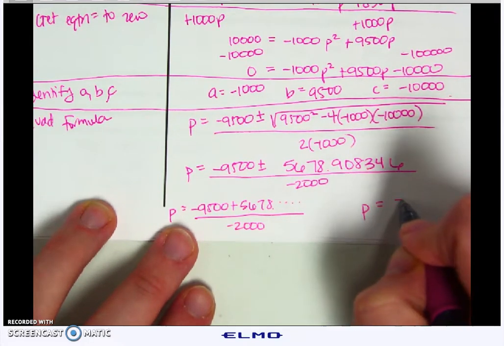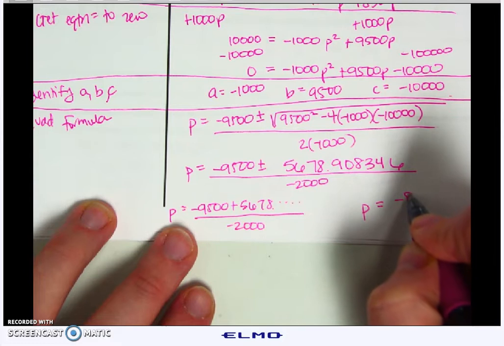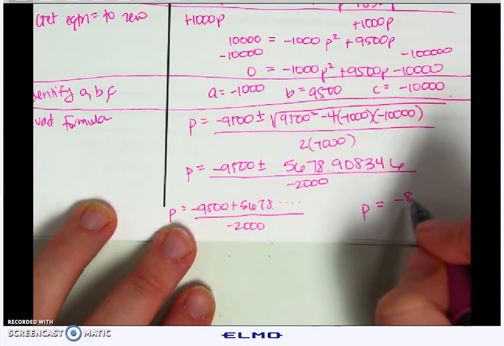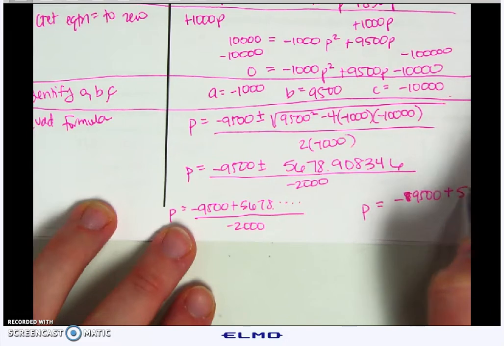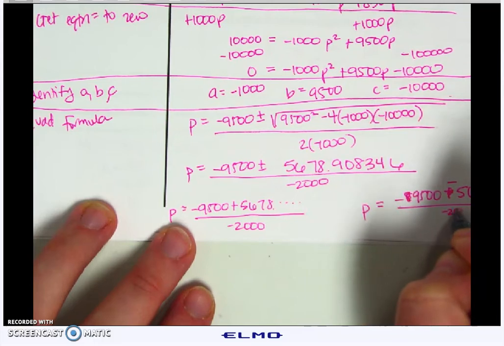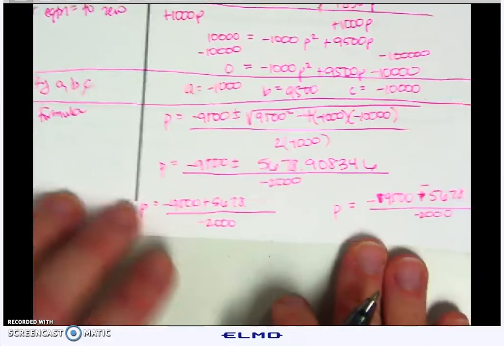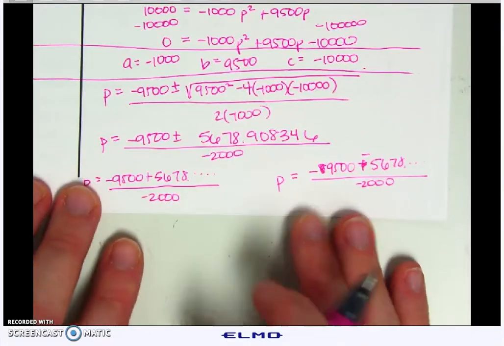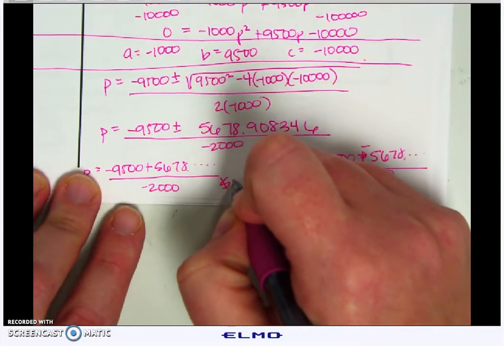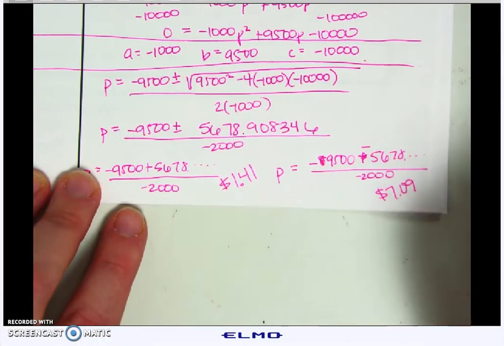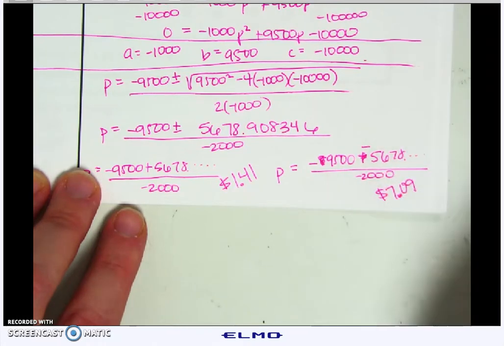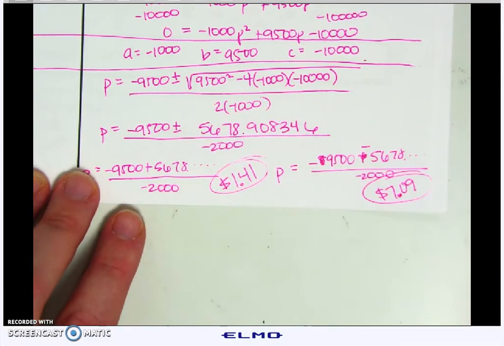Or P equals negative 9500 minus 5678 point, and then all the decimals, over negative 2000. All right, you should get the answers of 1.41 and 7.09. So those are our break-even prices.